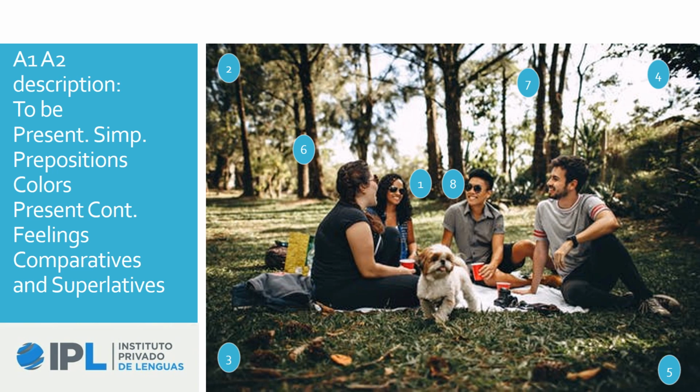In the center of the picture, I can see two women and two men, and also a dog. They sit on a blanket in the grass. On the top left, I can see some trees, and I can also see some leaves on the ground.